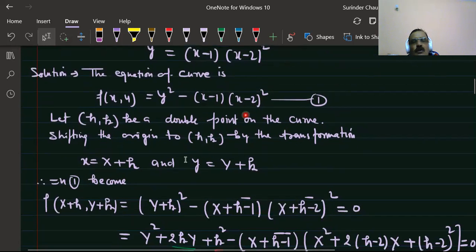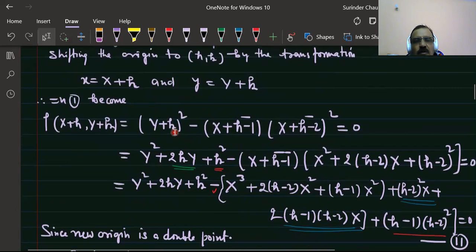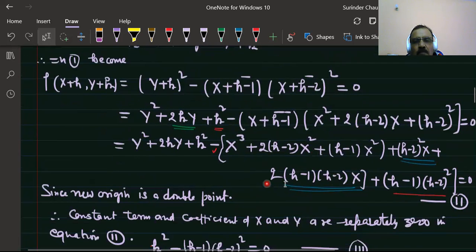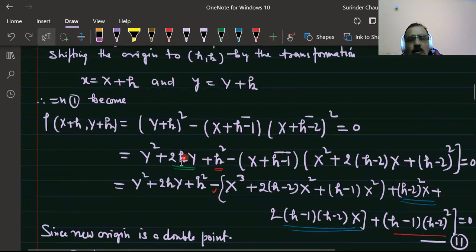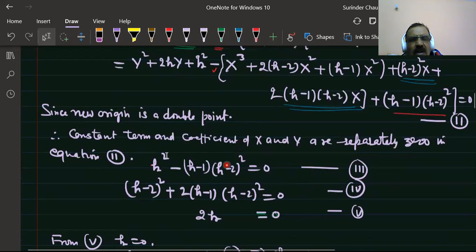Now after the transformation, f(X + h, Y + k) will become this. Square them, simplify them. After simplification, arrange the equation in descending powers.